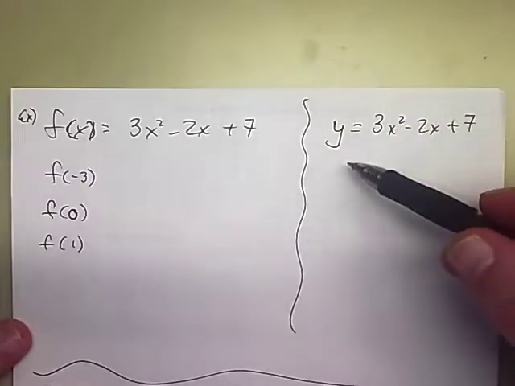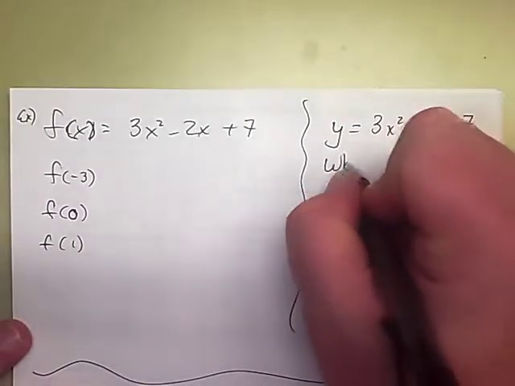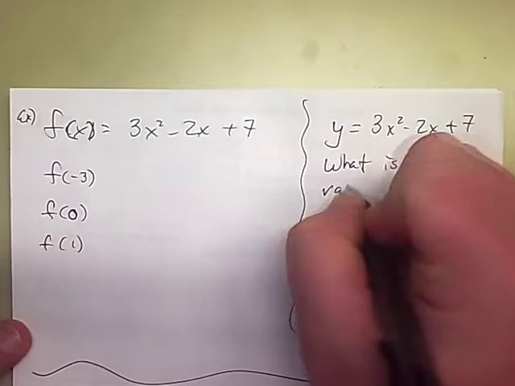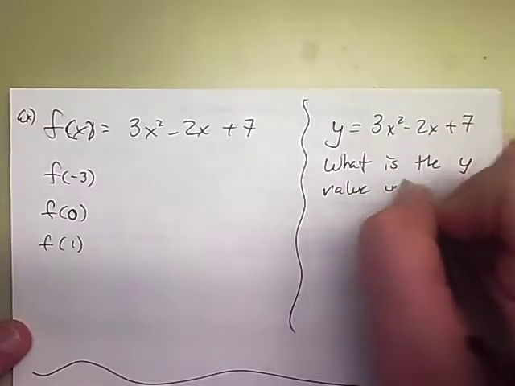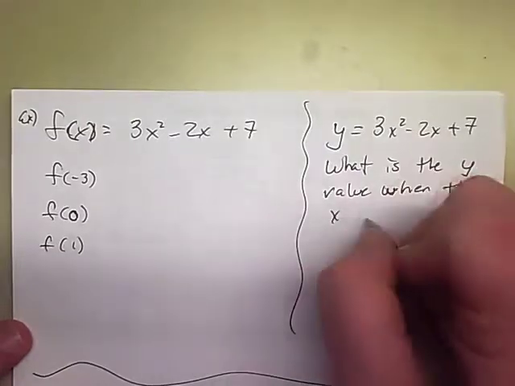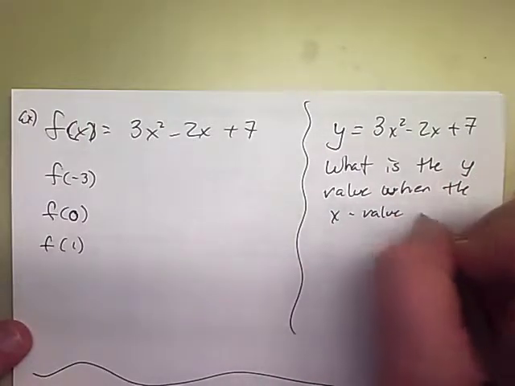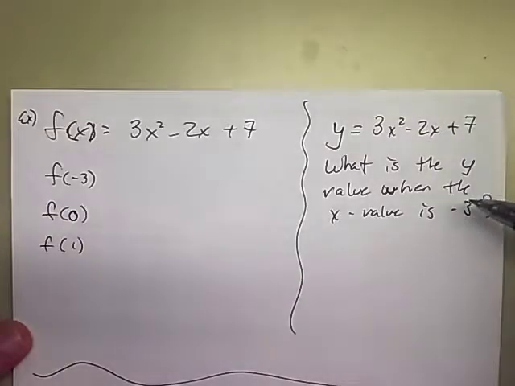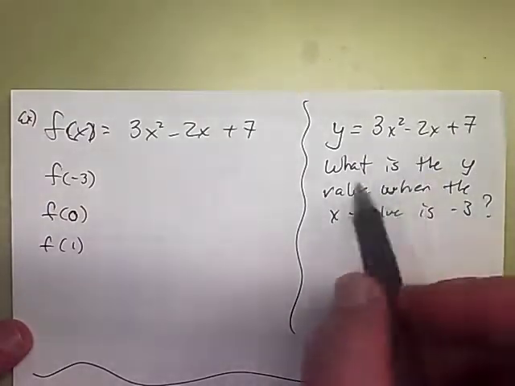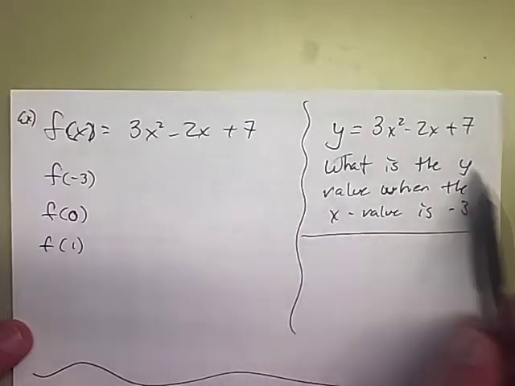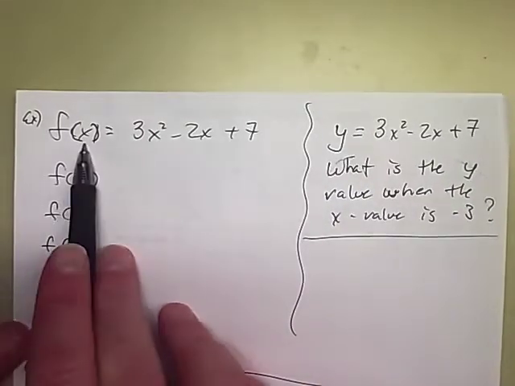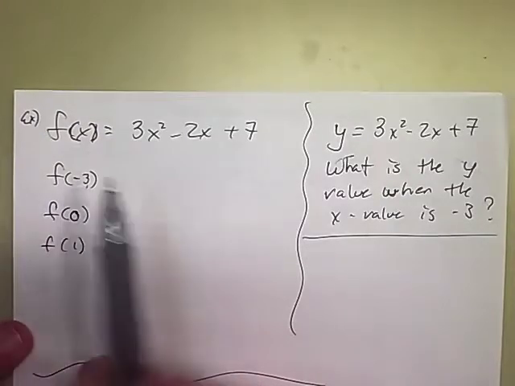But then I'd have to say something like, what is the y value when the x value is -3? It's just so much to say when function notation simply says, hey, replace x with -3.